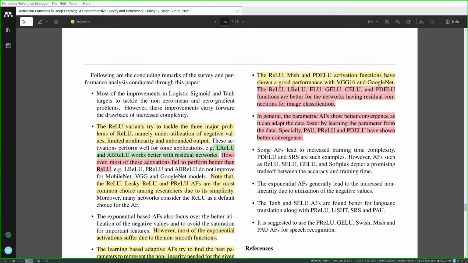Some activation functions lead to increased training time complexity. Activations such as ReLU, CELU, GELU depict a promising trade-off between accuracy and training time.